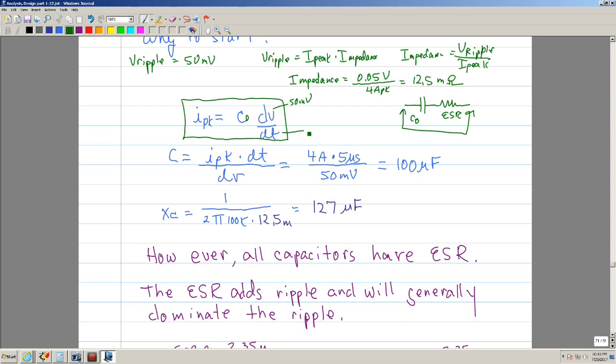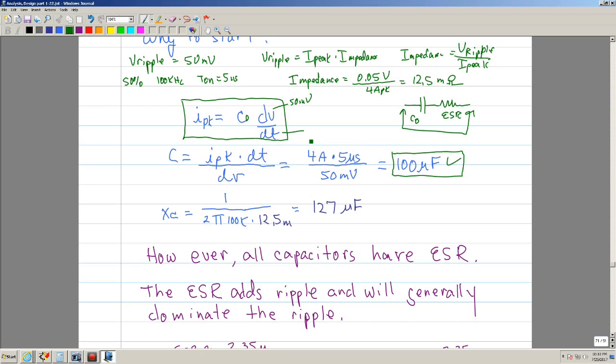And the time, assuming 50% duty cycle and 100 kilohertz as the frequency, gives you a T on of 5 microseconds. That would be your dt, and when you plug into the equation and solve for C, I get 100 microfarads.